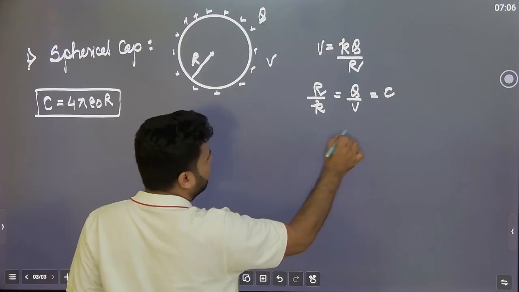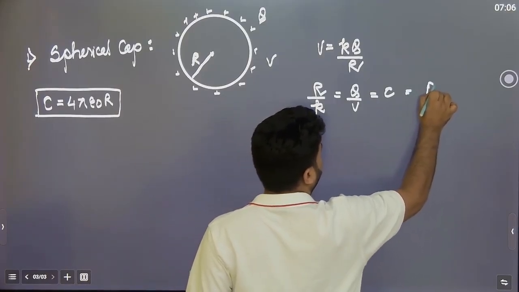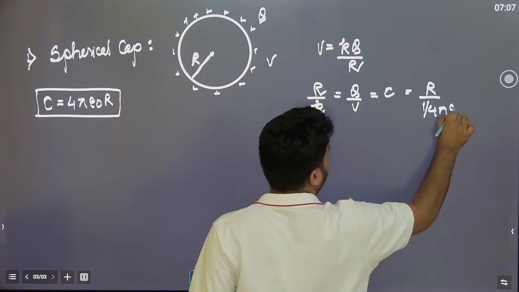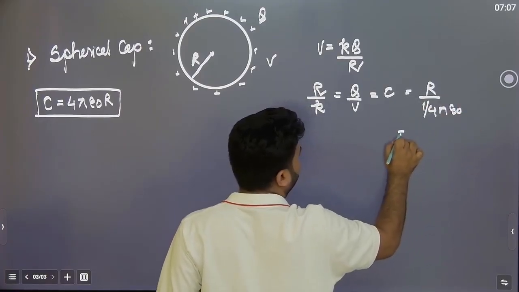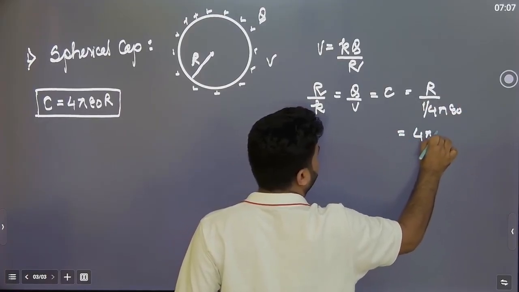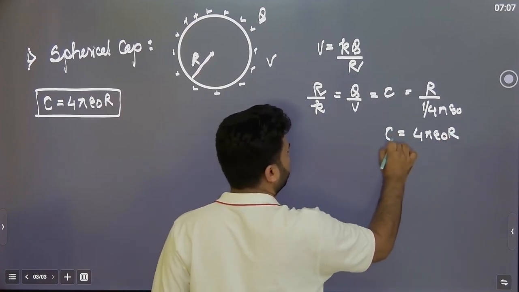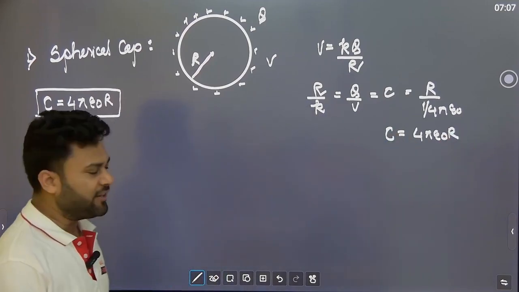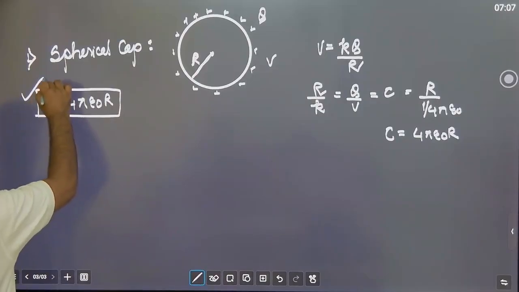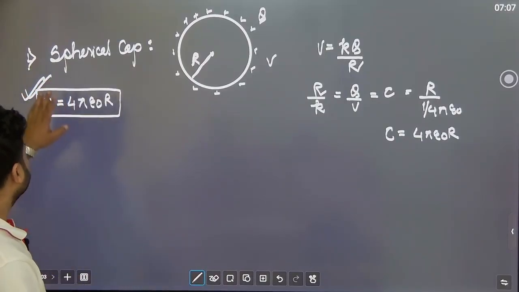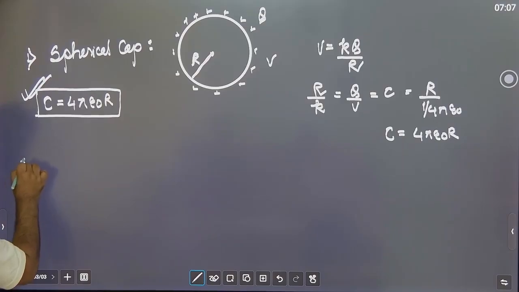So R divided by K. What is K? 1 by 4 pi epsilon naught. So this 4 pi epsilon naught will go up and it is coming 4 pi epsilon naught R, capacitance. Now what is the most important thing? That it does not depend upon charge and it does not depend upon voltage. So this first formula you have to remember.